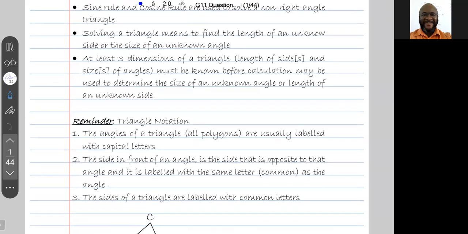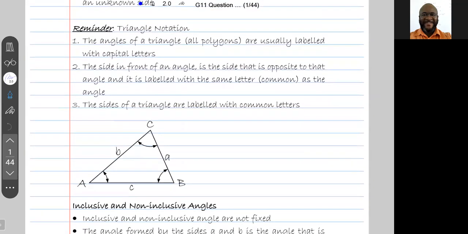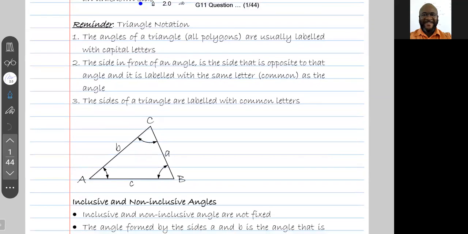Here's a reminder. Triangle notation. The angles of a triangle, and all polygons, are usually labeled with a capital letter. Now, the side in front of an angle is the side that is opposite to that angle, and it is labeled with the same letter as the angle.